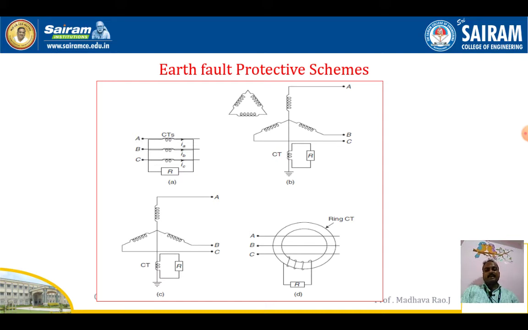Coming to figure A, there are 3 transmission lines, A, B, C, which carry currents IA, IB, IC.